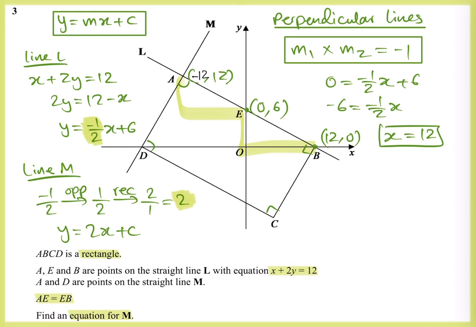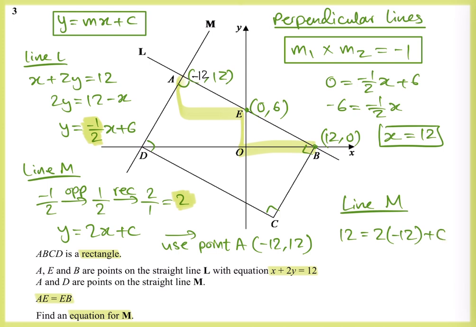Now, going back to here, to complete our equation for M, we're going to use point A. Point A has the coordinates negative 12, 12, and line M becomes 12 equals 2 multiplied by the x-coordinate of A, which is negative 12, plus c.